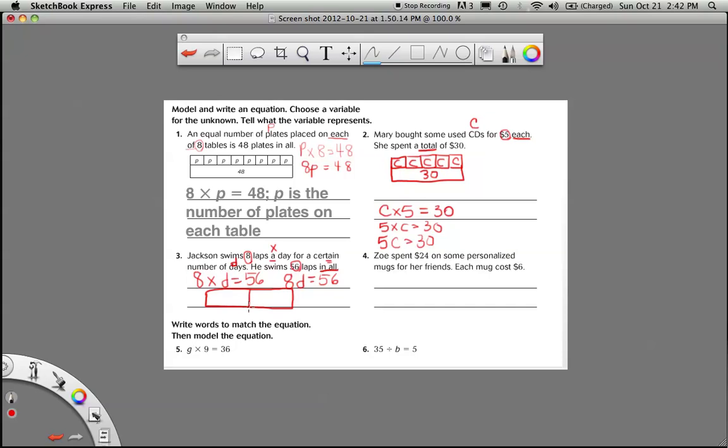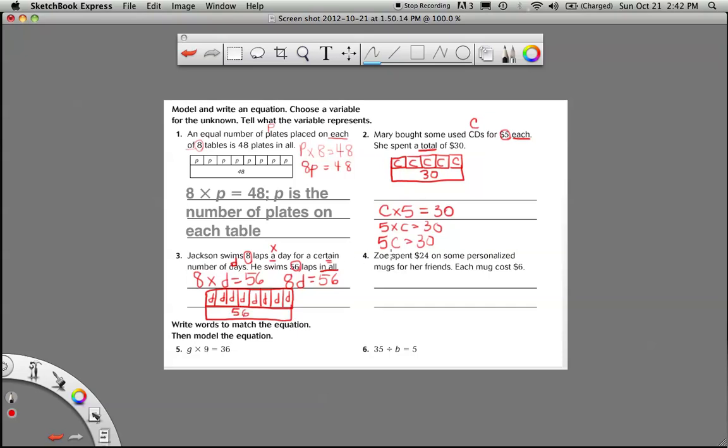So I need to make sure my rectangle is big enough to draw it in 8 equal boxes and still fit in what I need to label it, which is D. 1, 2, 3, 4, 5, 6, 7, 8 D's, and all that together gave me a total of 56.